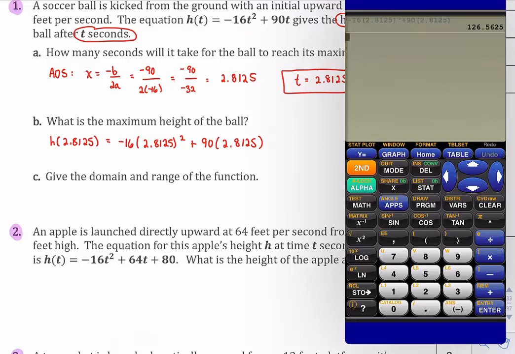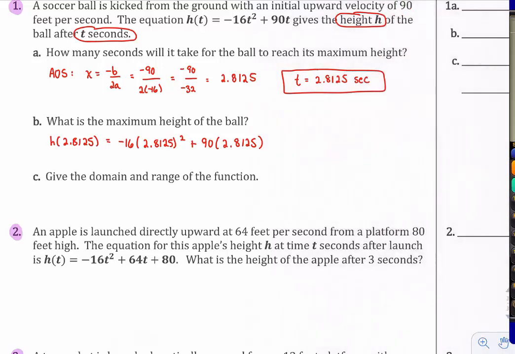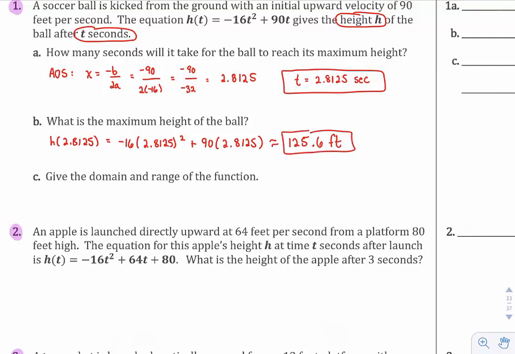So I plug all this in and it gives me my height, which is about 126.5625, and you can round that to 126.6. That's obviously perfectly fine. So I had about 126.6 feet as my height at that point.